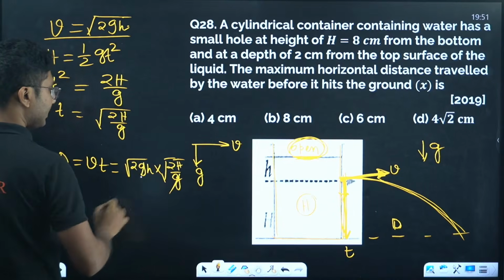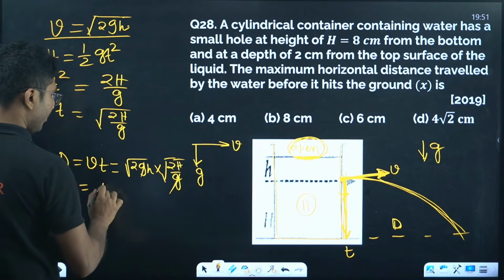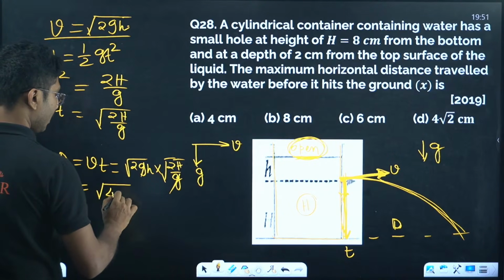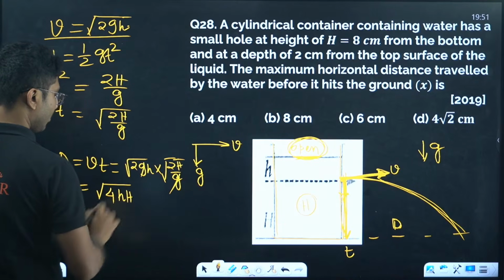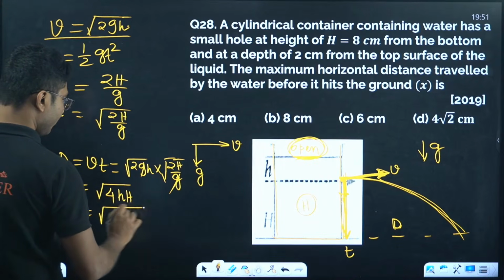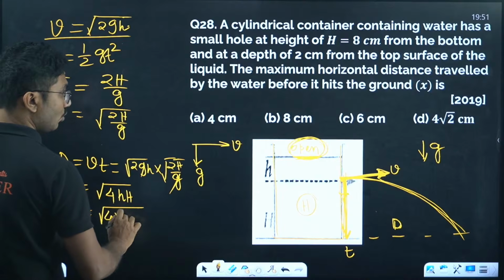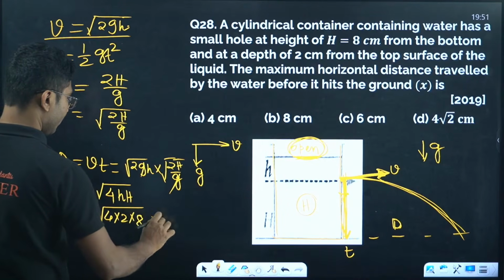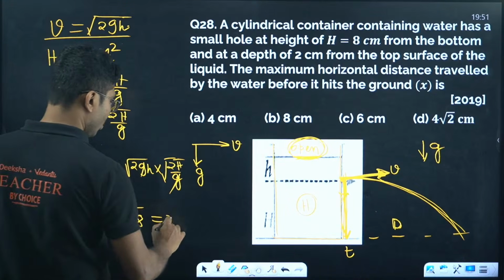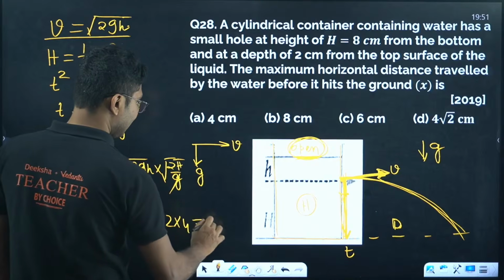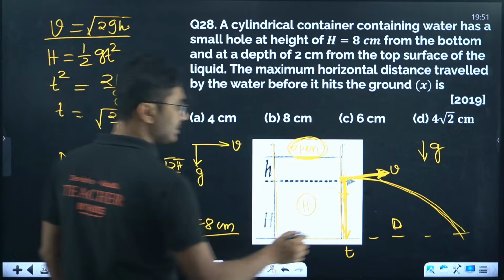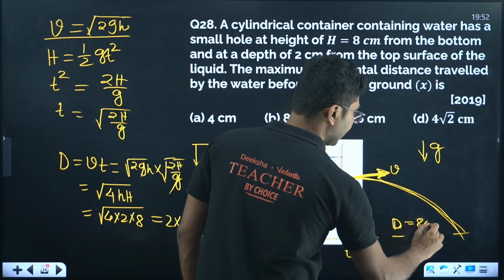Okay, g cancels and you get square root of 4hh, or square root of 4 into 2 into 8. So it will be 2 into 4, that is 8 centimeter. So the distance here is 8 centimeter.